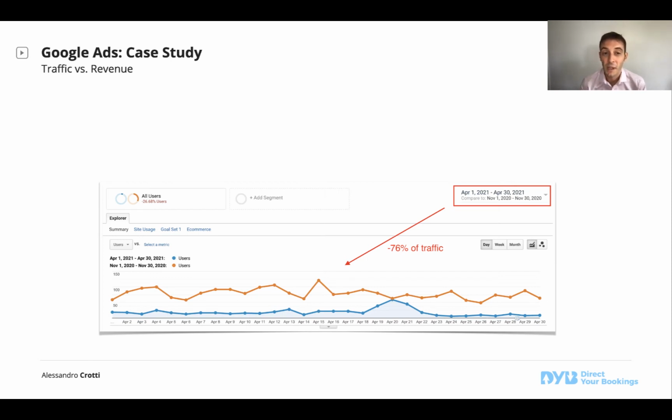Because the hotel's campaigns generated 76% less traffic compared to November. In other words, the overall traffic is actually increasing in April, but specifically the traffic coming from Google Ads campaigns is decreasing by 76%.